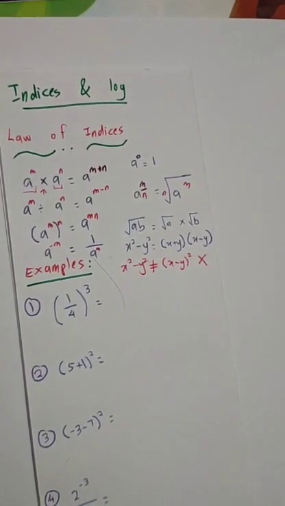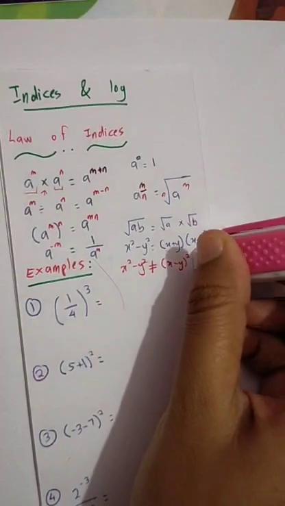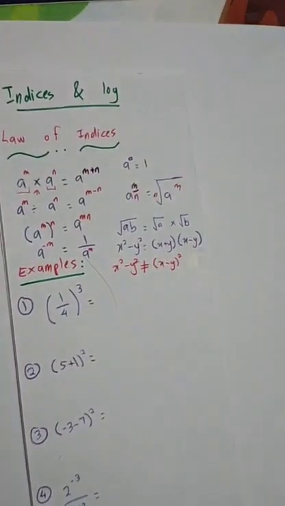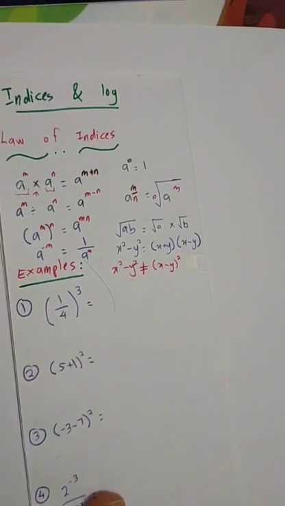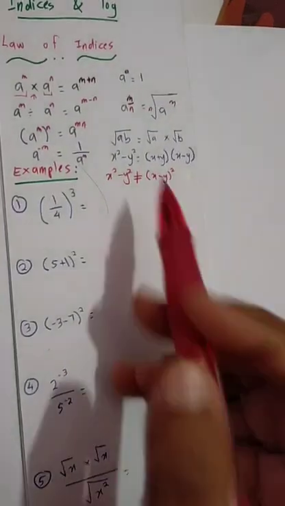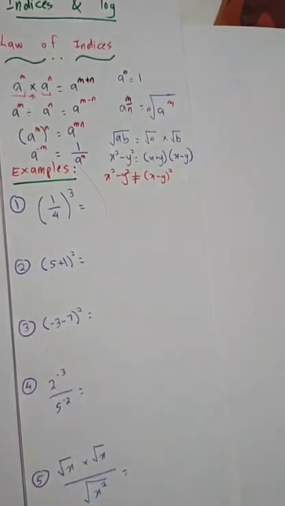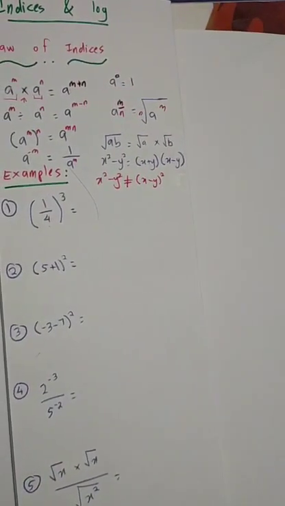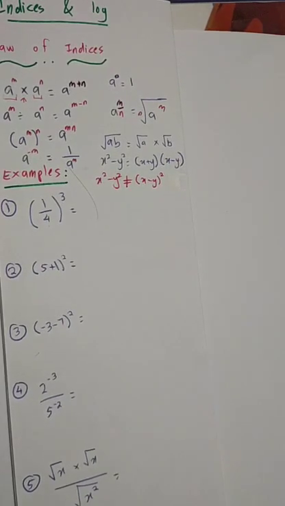Okay, I will go to an example with numbers. First question: (1 over 4) to the power of 3. As I told you, when you have a bracket, if it is multiplication, both of them will get the power.